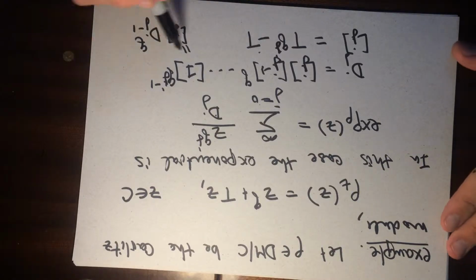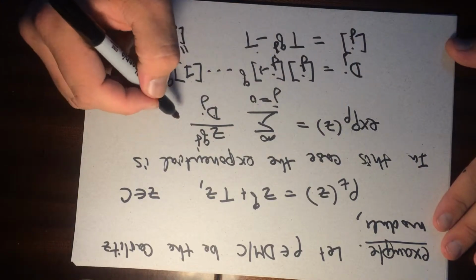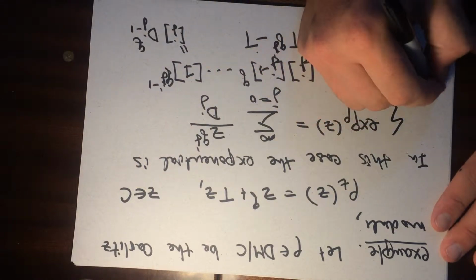Okay, so there's kind of this recurrence between these things. Okay, so this function is called the Carlitz exponential.